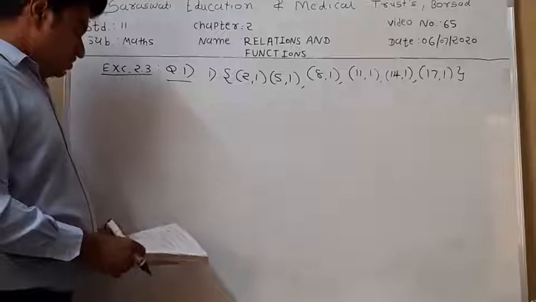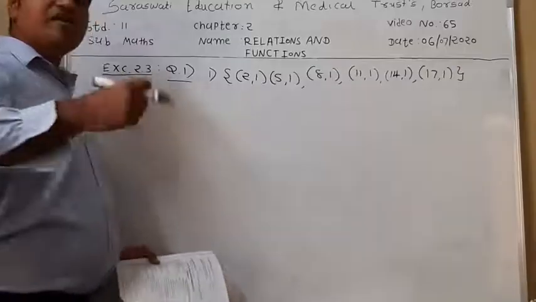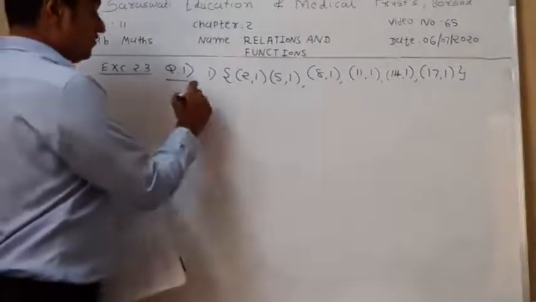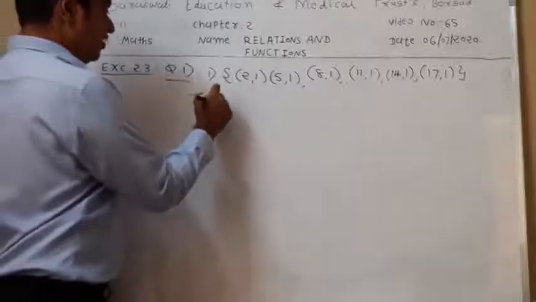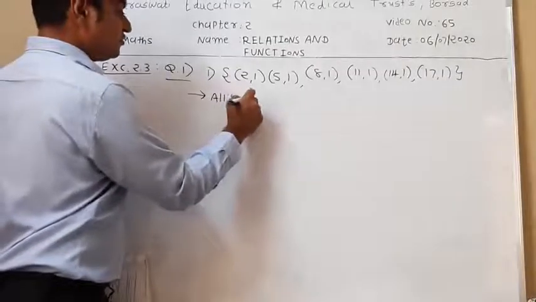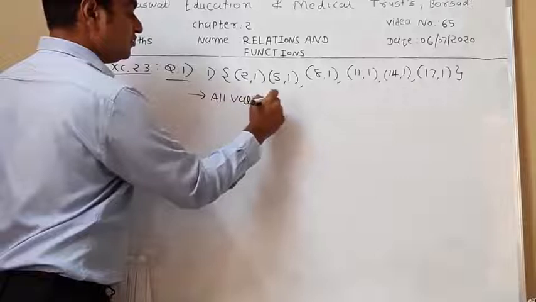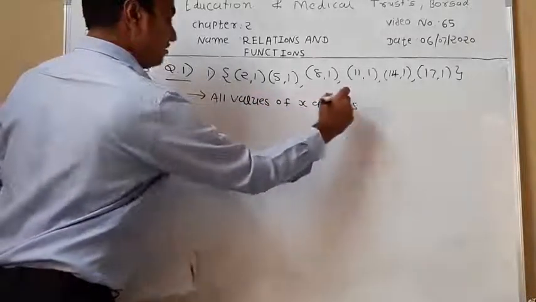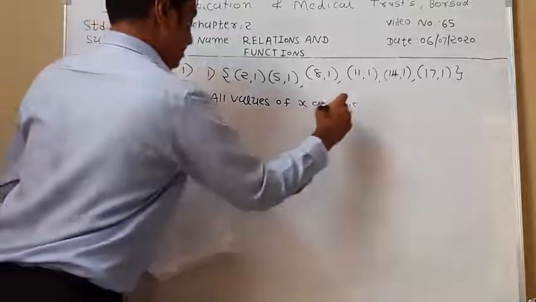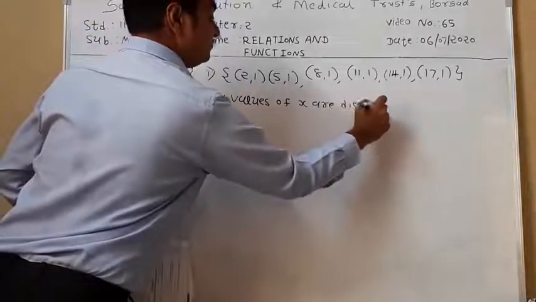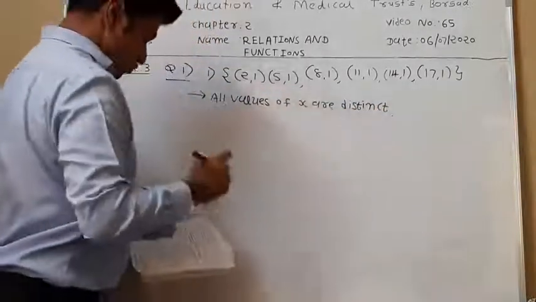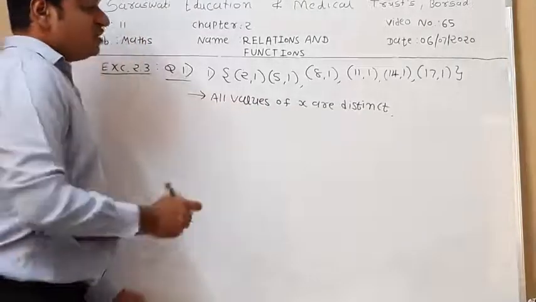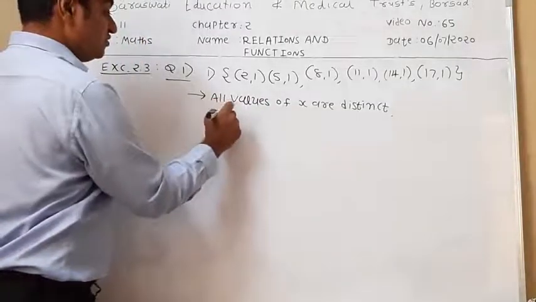Each value of x is a unique value. So all values of x are distinct, so this relation is a function.